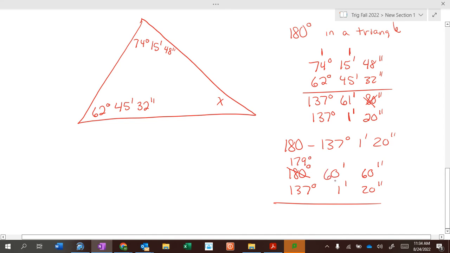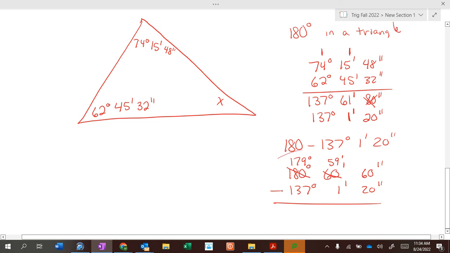If you borrow one there, that's 60, but you're borrowing one over there, so then you get 59 minutes. So lots of borrowing. Once you borrow, 180 degrees is really 179 degrees, 59 minutes, 60 seconds, because it takes 60 seconds to make a minute. Add the minute over. 59 plus 1 is 60 minutes to make 180 degrees.